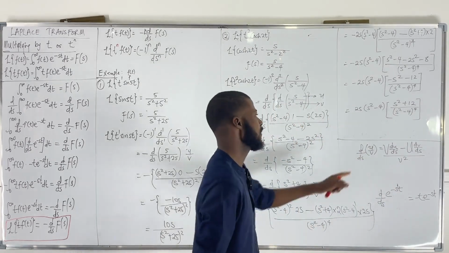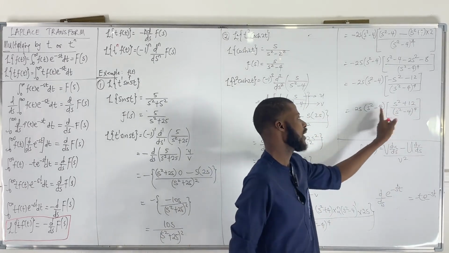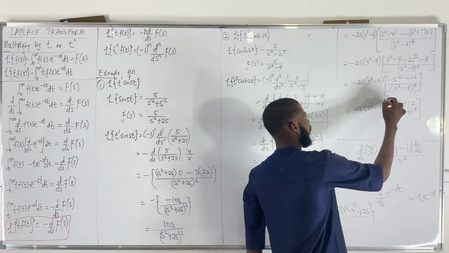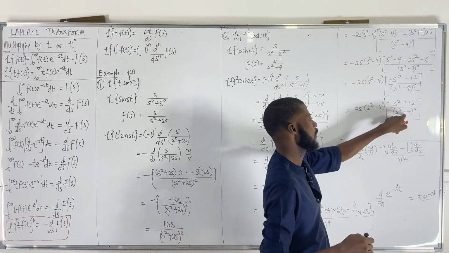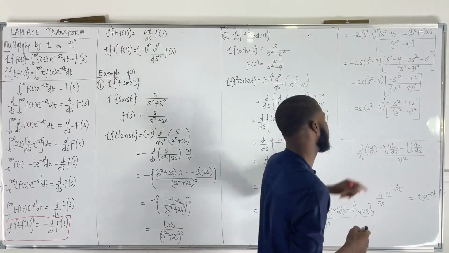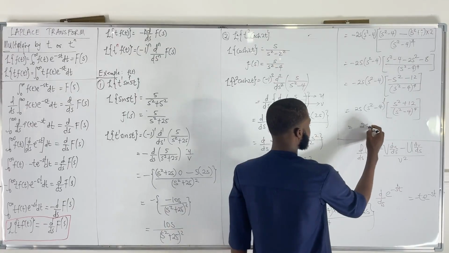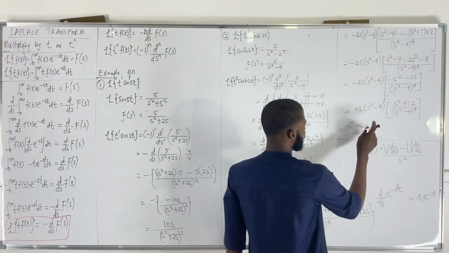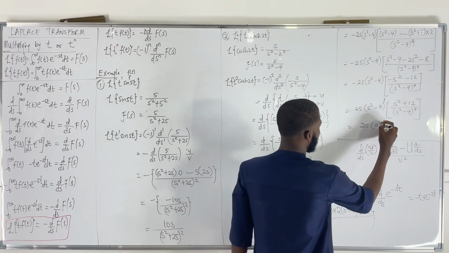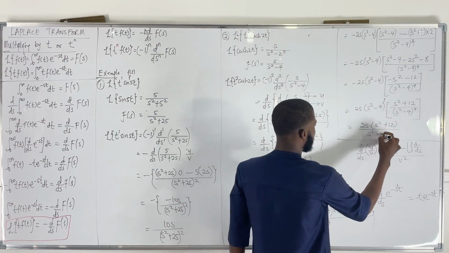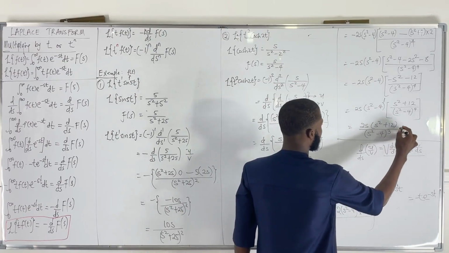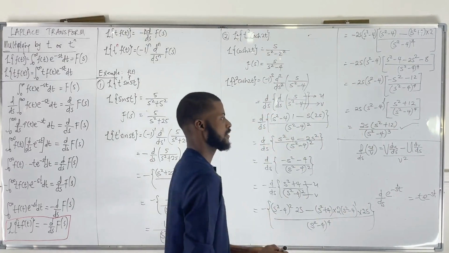But we can cancel out because these two things are actually the same. This is to the power of 1 and this to the power of 4, so when they cancel out, 3 portions of this will still be remaining. So this will be 2s bracket (s squared plus 12) divided by (s squared minus 4) all to the power of 3. And this will become the answer to the equation.